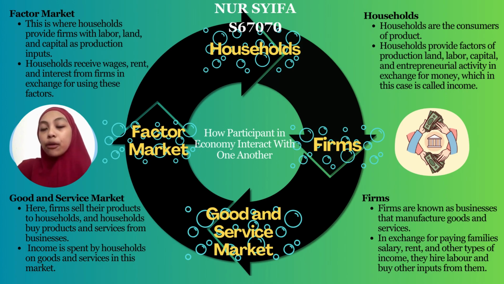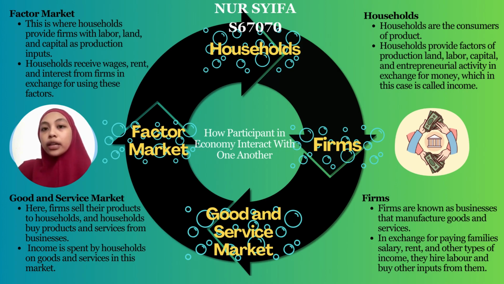Households provide factors of production, land, labor, capital, and entrepreneurial activity in exchange for money, which in this case is called income. Secondly, the goods and service market. Here, firms sell their products to households, and households buy products and services from businesses. Income is spent by households on goods and services in this market.